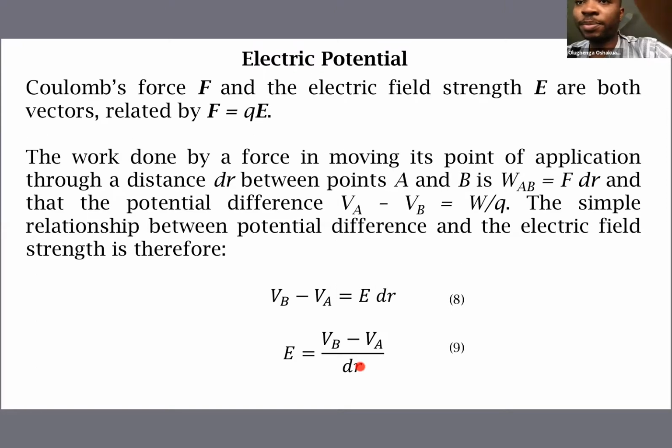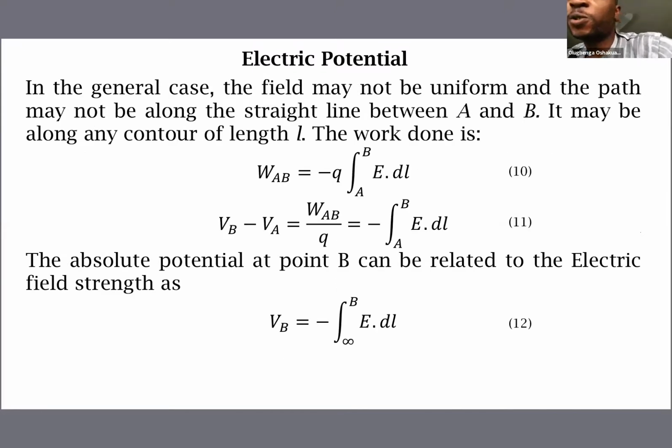Let's move further. In the general case, the field may not be uniform, and the path may not be along a straight line between A and B. It may be along any contour length. The work done is WAB, just like we have in equation 10, minus Q integral E dl. And the absolute potential at point B can be related to the electric field strength as VB equal to minus integral E dl.